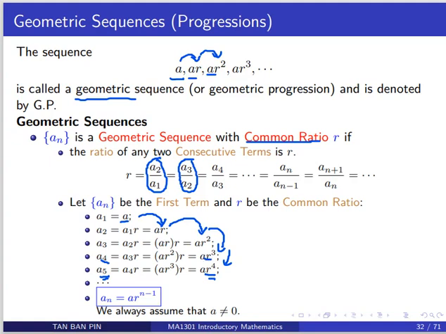So the power of R is always 1 less than the index you're looking at. That's why An is AR^(n-1). And we always assume A is not 0, because if you start with first term 0, then every term of the sequence will be 0.